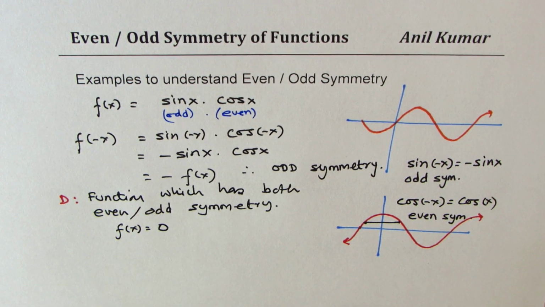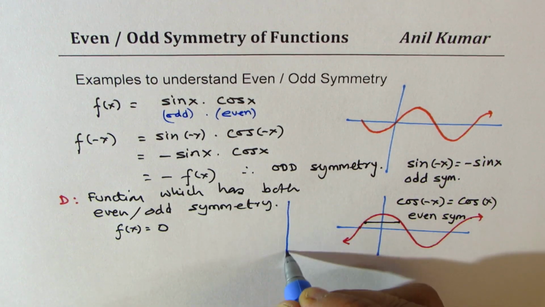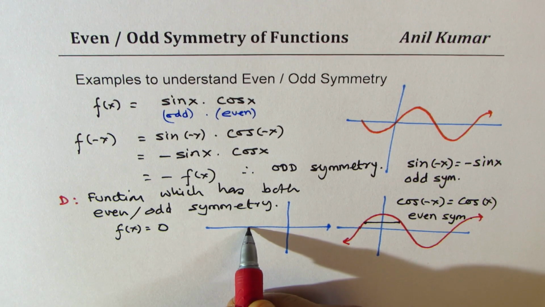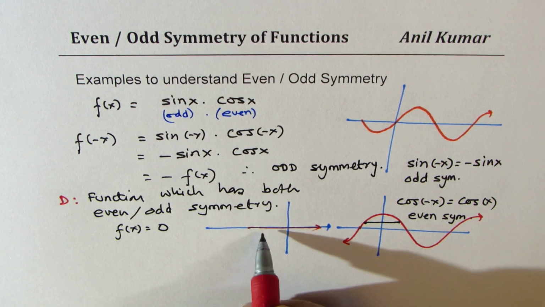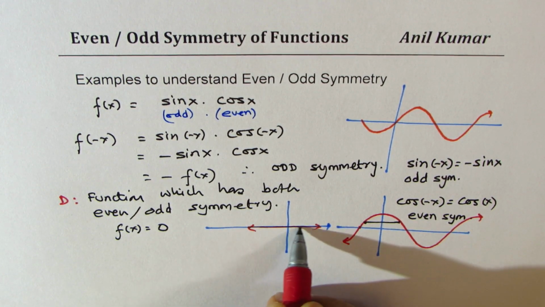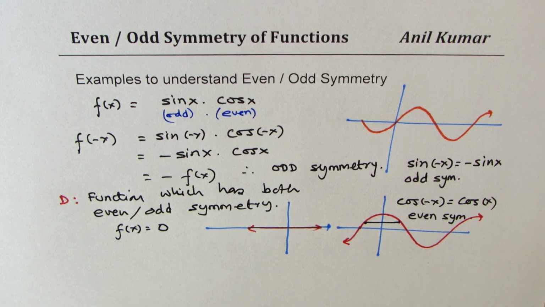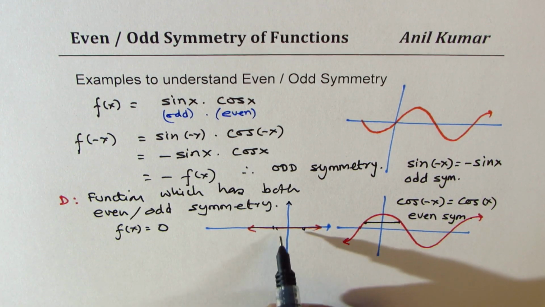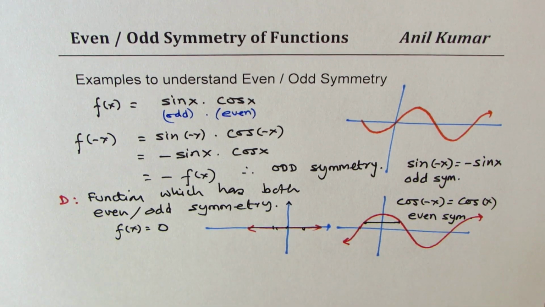Now what is f of x equals 0? Well, f of x equals 0 is the x-axis, right? Now this x-axis has both symmetries. It is symmetric about the y-axis plus about the origin. Do you see that?